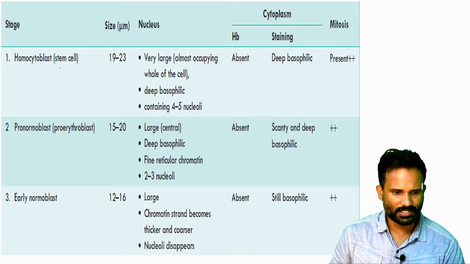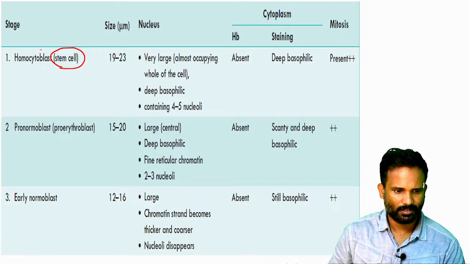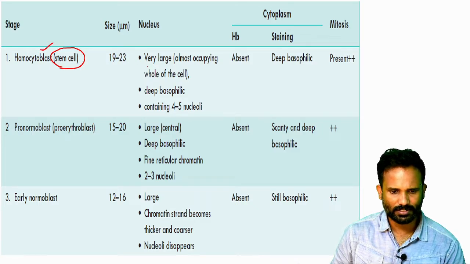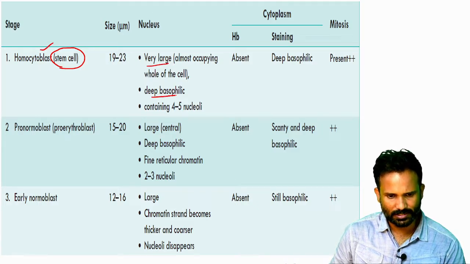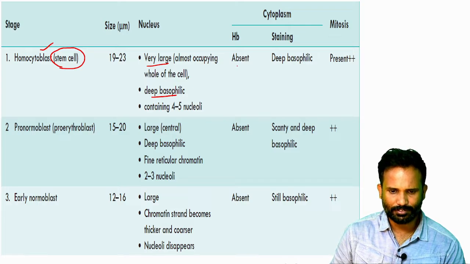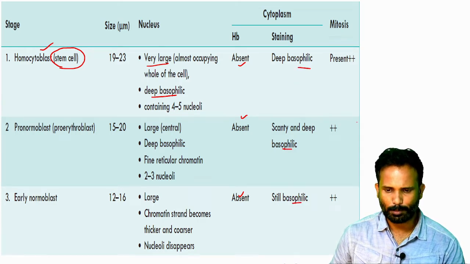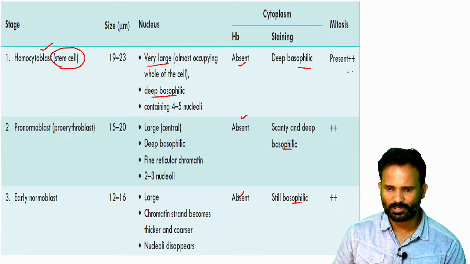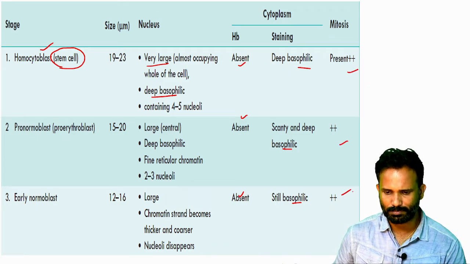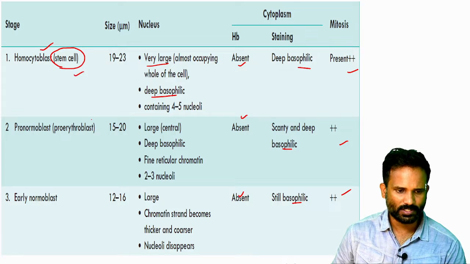So the first stem cell, which is the hemocytoblast, is large and deeply basophilic, and hemoglobin is absent. So it is still basophilic, and the capability of division is almost similar. Mitosis is present in all three stages: hemocytoblast, pronormoblast, early normoblast.